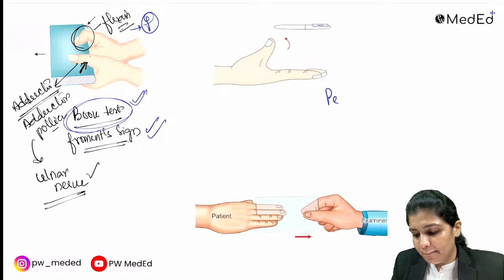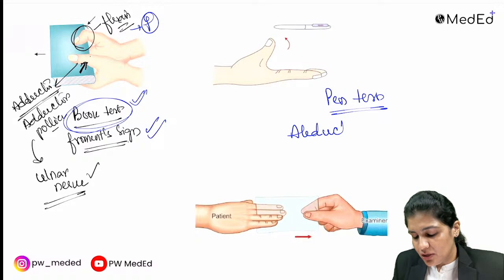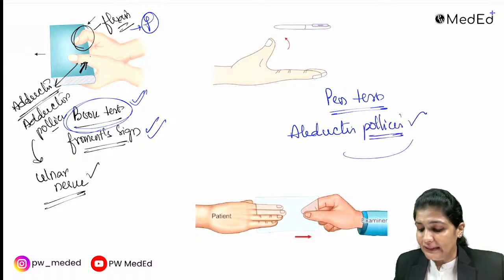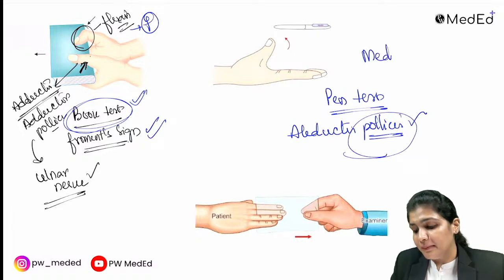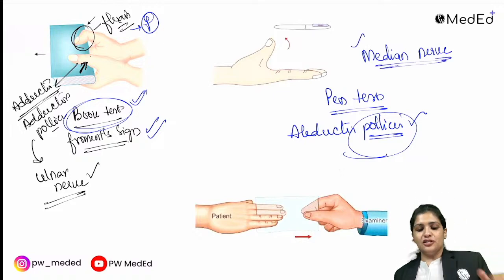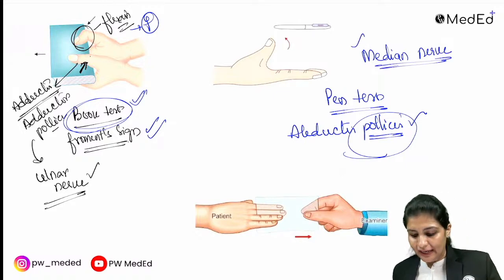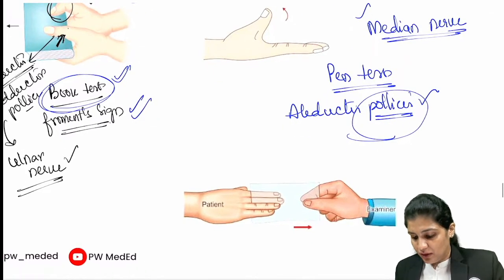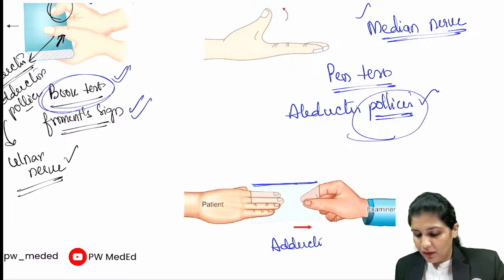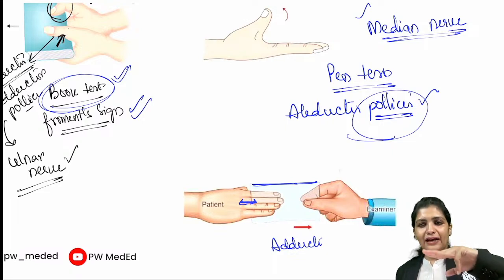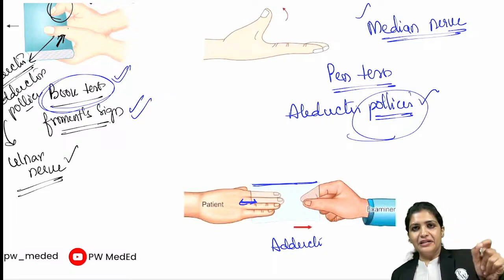And now this is your pen test, where you are abducting the thumb, using the abductor pollicis. If you remember, pollicis is for thenar, and the thenar muscle group is supplied by the median nerve. So the pen test is for the median nerve, the book test is for the ulnar nerve, and the third one is adduction. Holding a piece of paper or card between the fingers is done by adduction: you adduct two fingers and hold it, and the examiner tries to pull it.